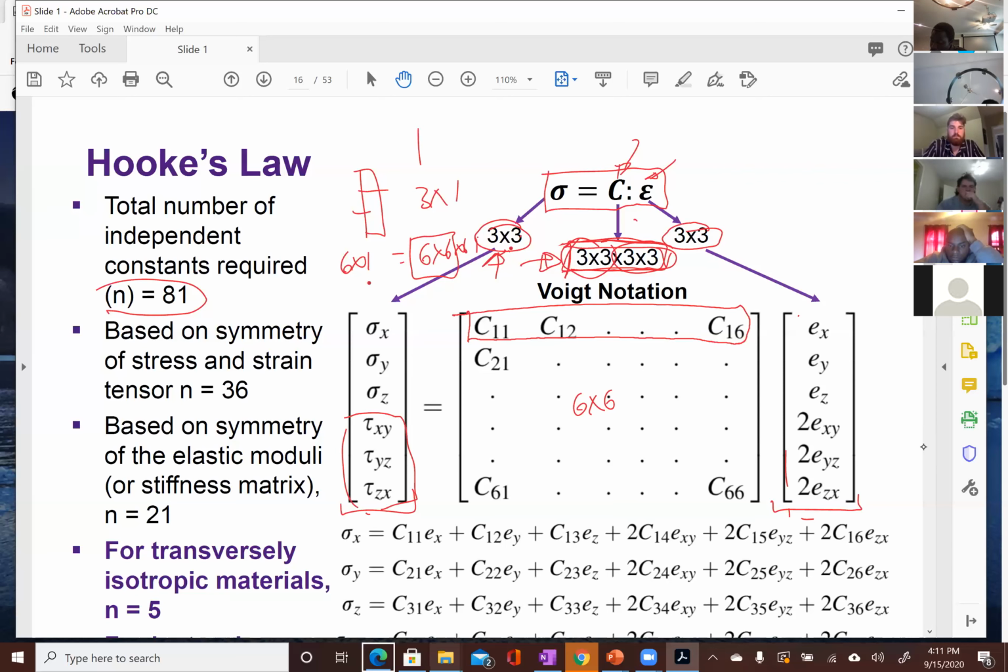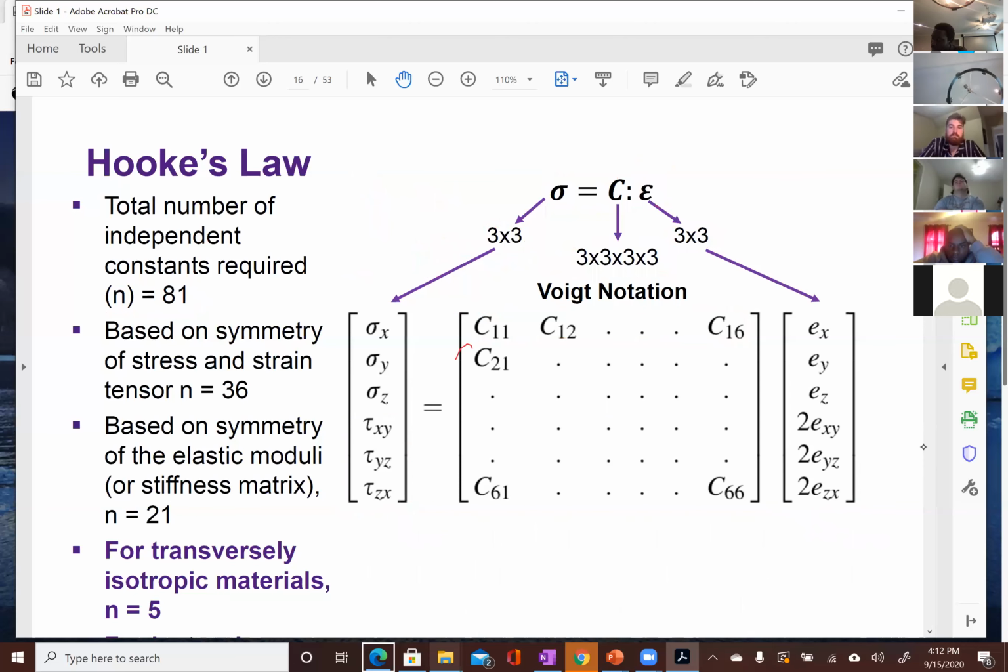So the same system that was made up of 81 components is now made up of 36 components, just because we've chosen to use the Voigt notation, accounted for symmetry in the stress and strain, and removed the redundant elements. Now it's 6 by 6. The interesting thing is this 6 by 6 matrix is also symmetrical, so everything below the diagonal can be removed.